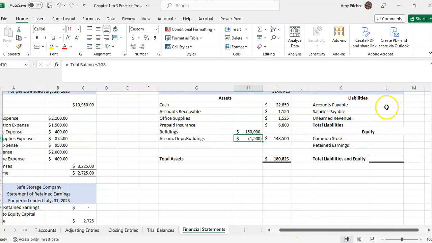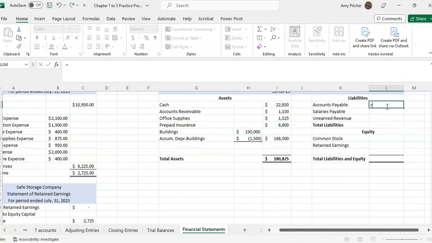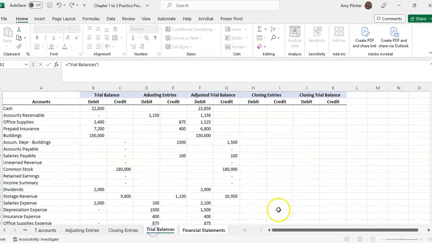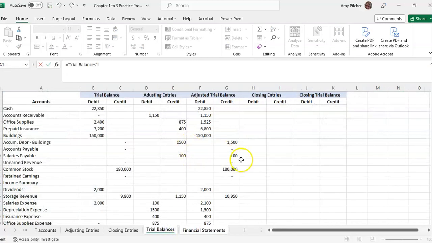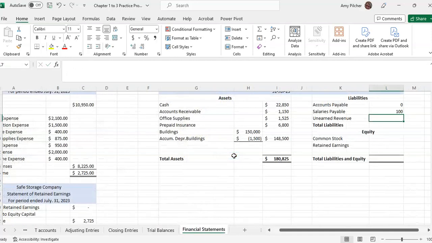And we pull liabilities. We don't have anything for accounts payable, so that is blank. We have salaries payable, and we don't have anything in unearned revenue.